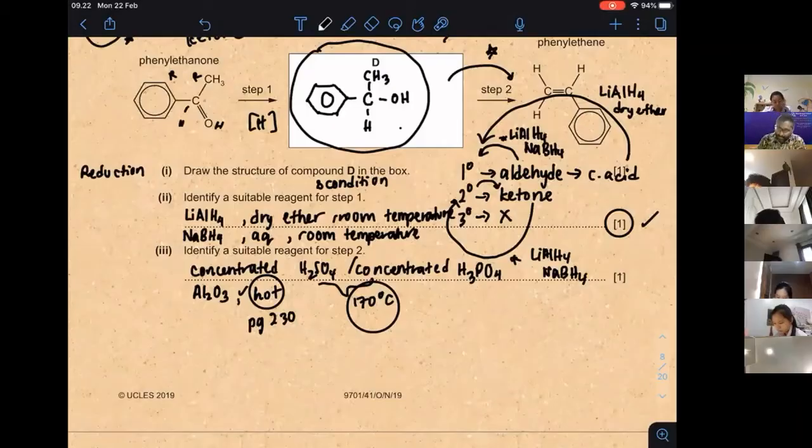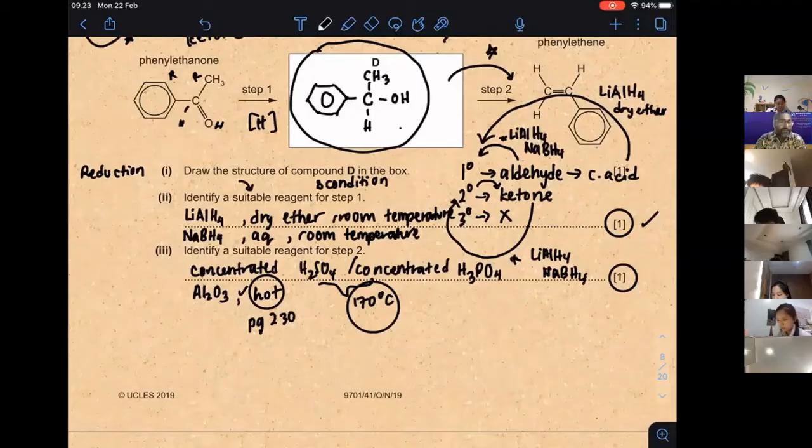So again, this is 1 mark. It can still be 1 mark, but we can still ask you about the condition. Most probably the reason why they only asked for the reagent and not the condition is that sometimes students identify the reagent correctly, but the condition is wrong, and they are not able to get that 1 mark.